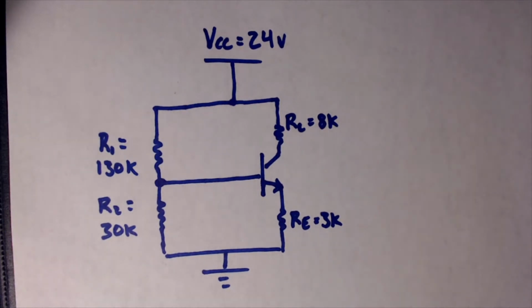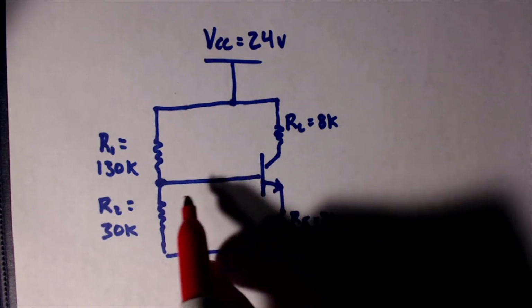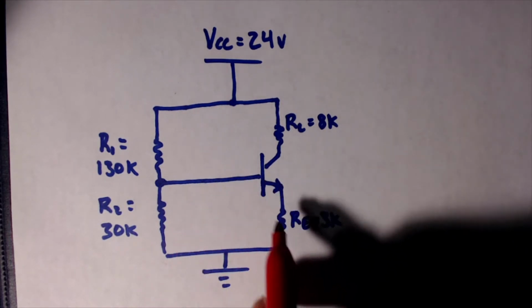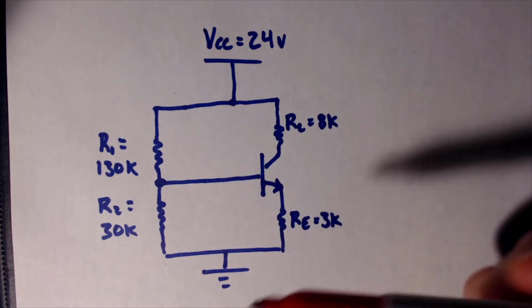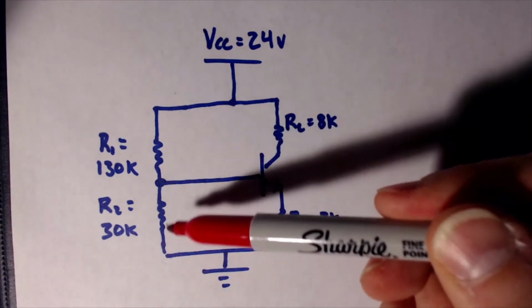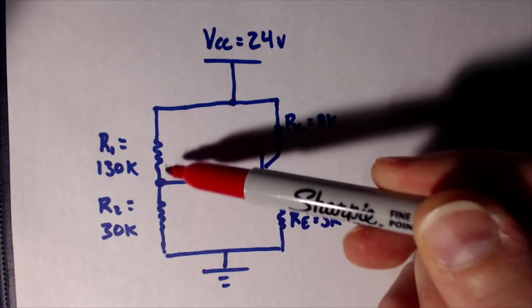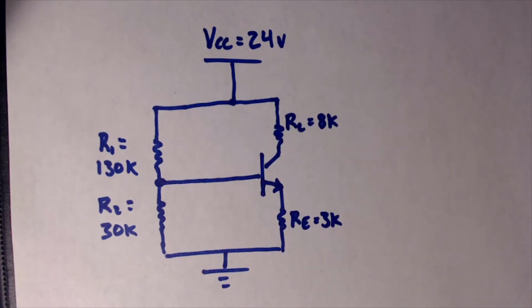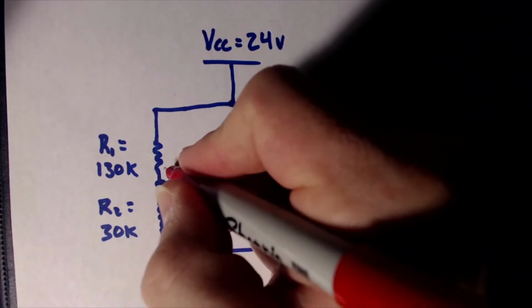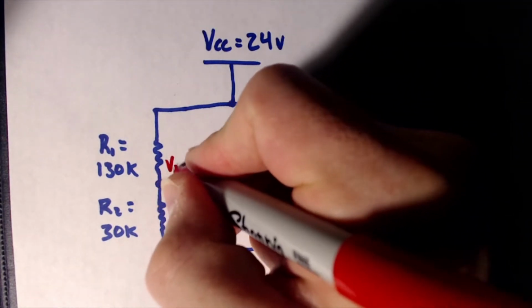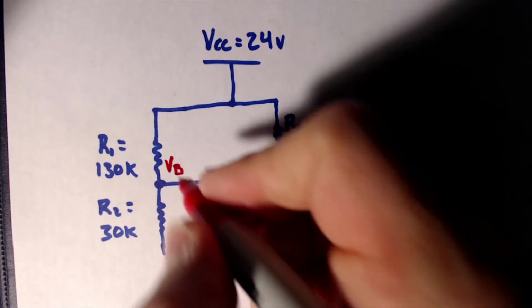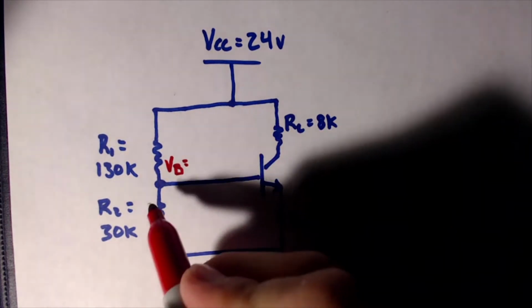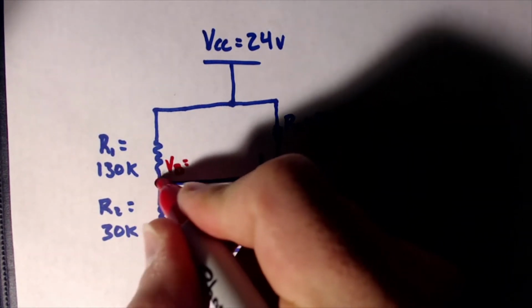The first thing we want to do, if we're going to consider IB to be negligible, meaning pretty much almost zero, is apply the voltage divider equation to the voltage divider that we have right here. We are looking for V sub B, the voltage at this point.